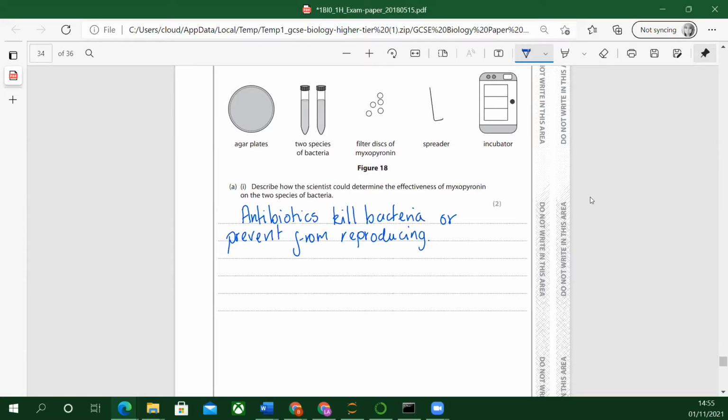Okay, so spread each bacteria type on different agar plates.